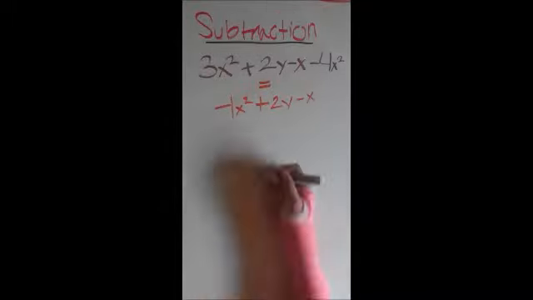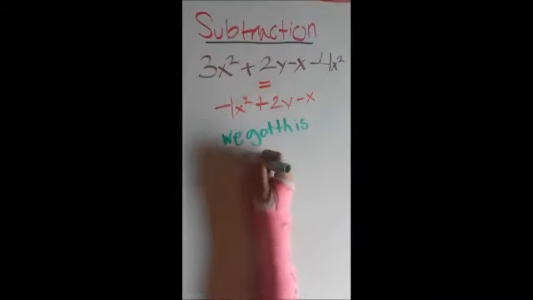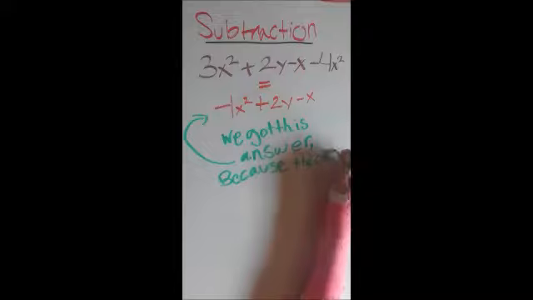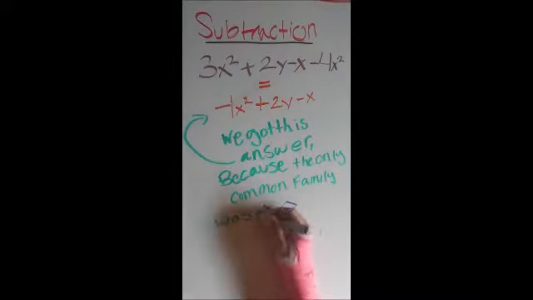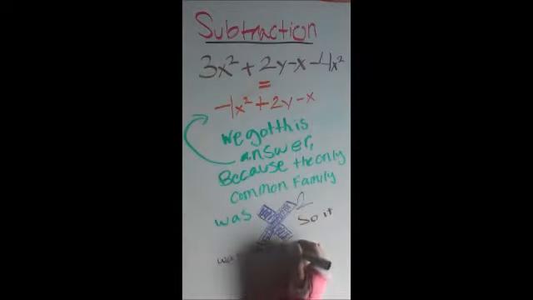Our equation, 3x squared plus 2y minus x minus 4x squared. The answer to this is negative 1x squared plus 2y minus x.